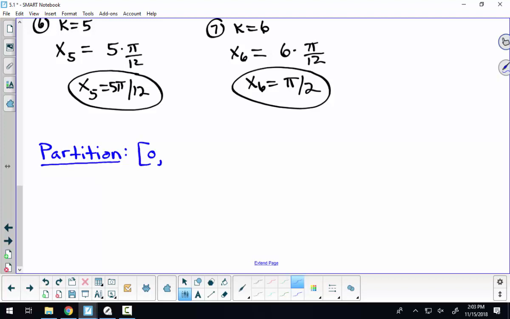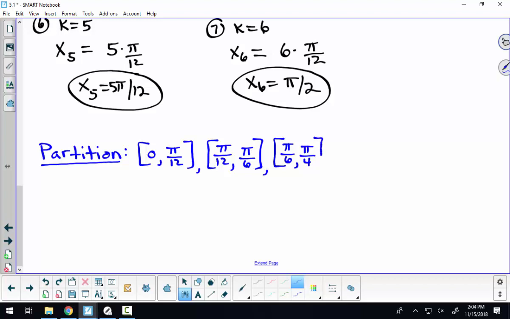First rectangle from 0 to pi over 12. Then we go from pi over 12 to pi over 6, and pi over 6 to pi over 4. Pi over 4 to, let's see, pi over 3.